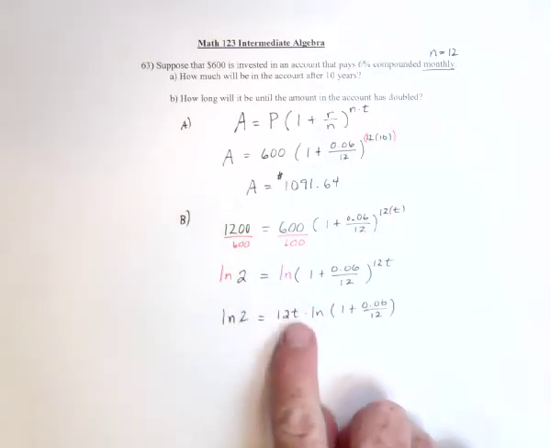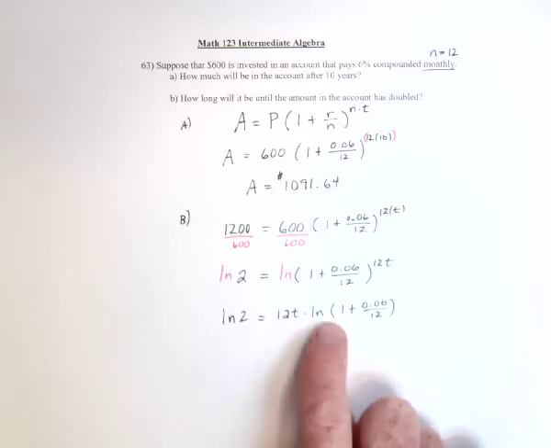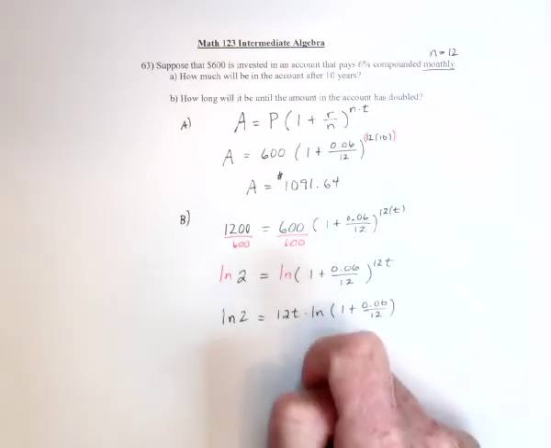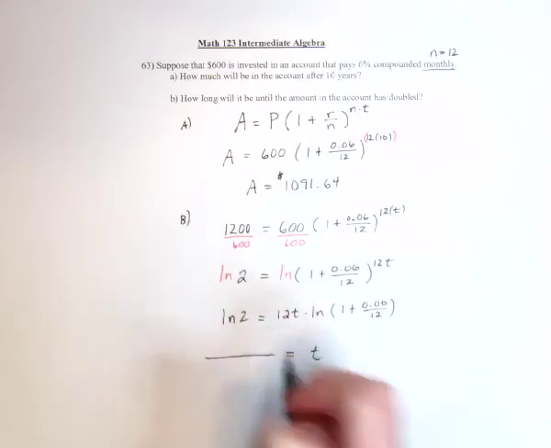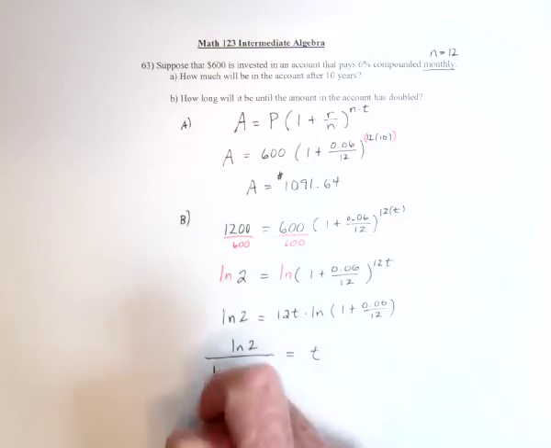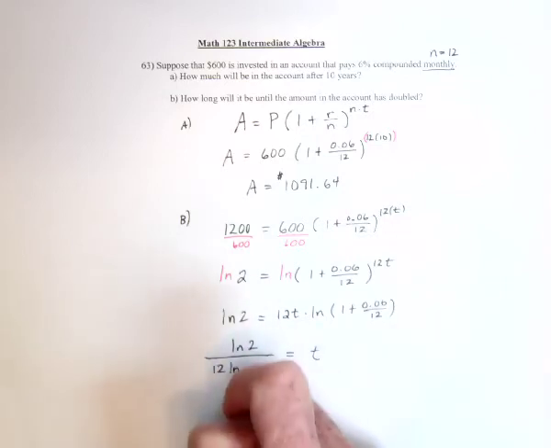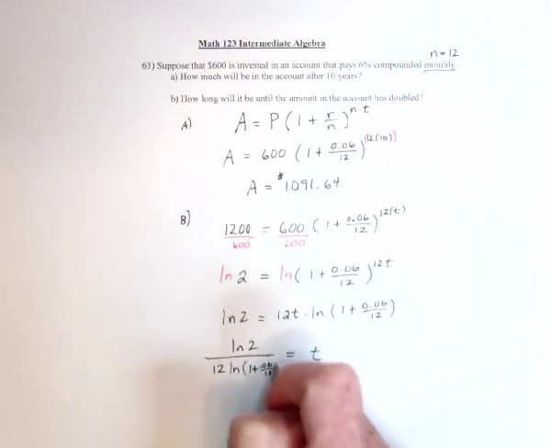And then in order to solve for this t, we just divide both sides by 12 and by this logarithm. So we'll leave just the t. It'll make a big fraction with natural log of 2 divided by 12 times the natural log of 1 plus 0.06 divided by 12.